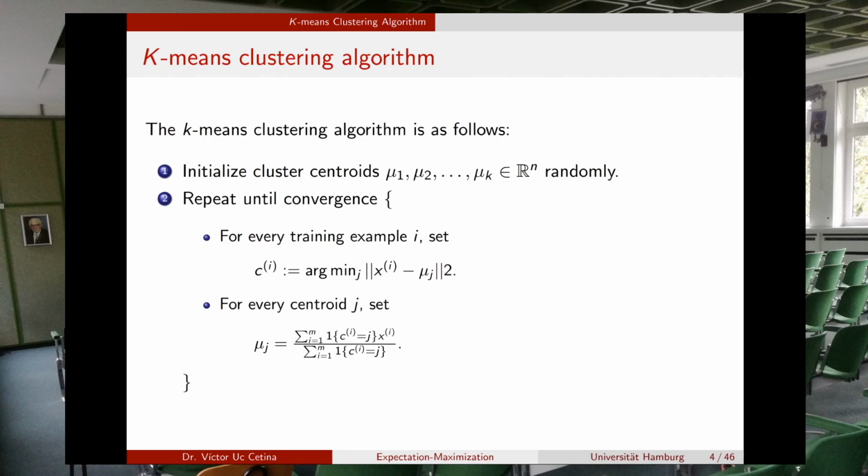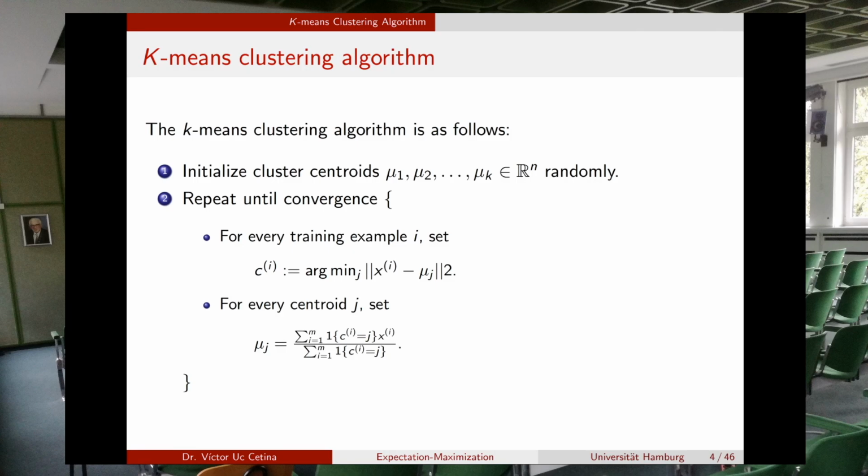We are making the guess that we will have only k groups of points in our data set. So we initialize these k centroids or means, and of course, if our data set contains input vectors of size n, our k centroids should also have n dimensions.